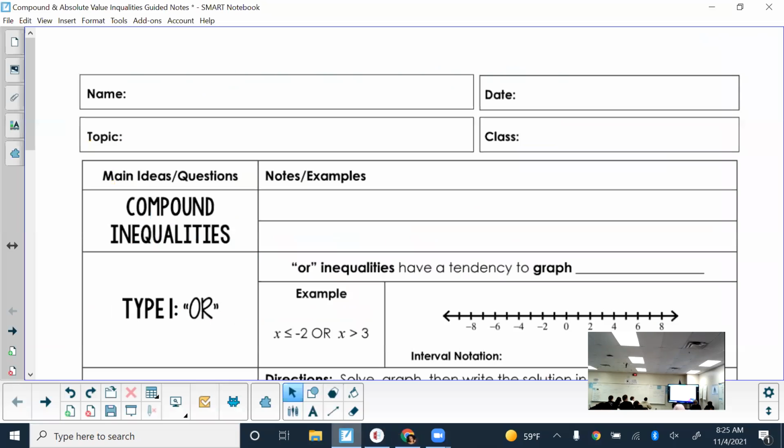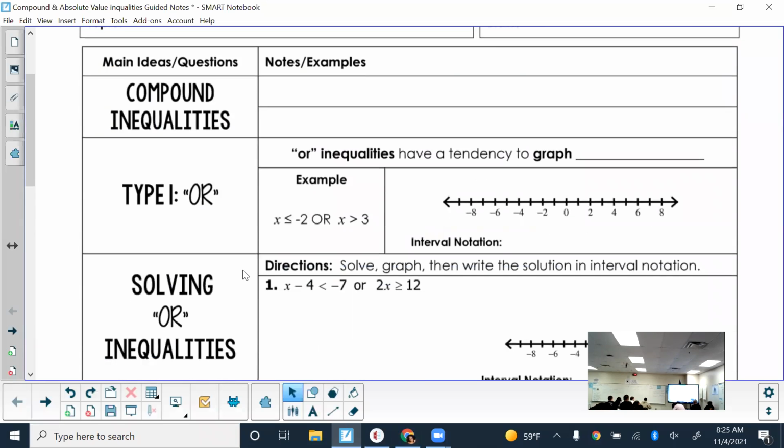All right, so let's start with the compound inequalities. Just like a compound sentence, compound inequalities are two inequalities put together, or more, so it can be more.